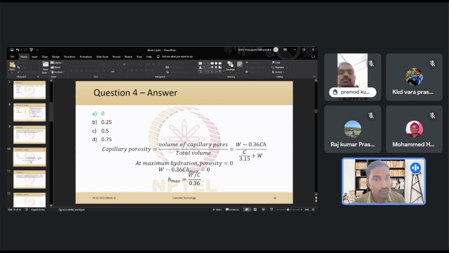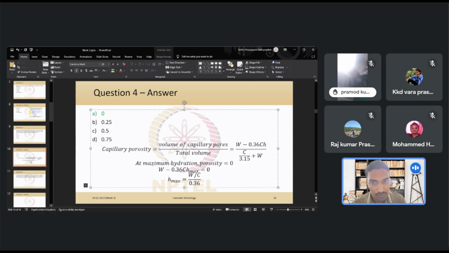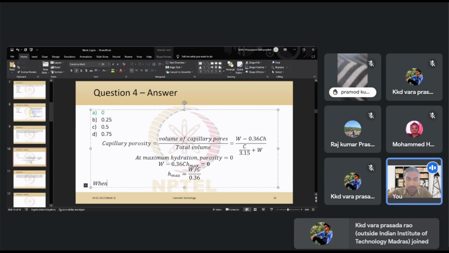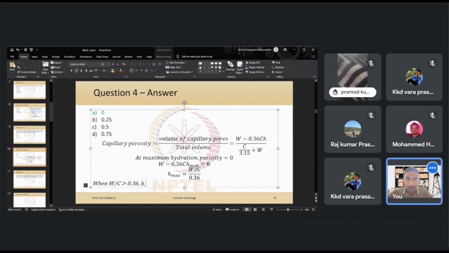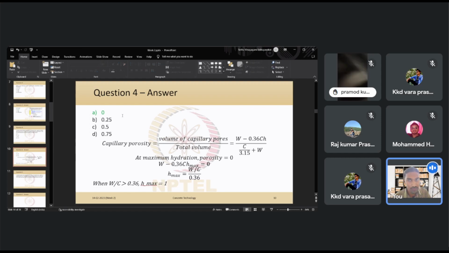So for 0.42, H max is 1, which means that all the cement is hydrated, and therefore the capillary porosity will be 0. So when W by C is greater than 0.36, H max is equal to 1, complete hydration will take place, and there will be no pores left. That's why the answer is 0.